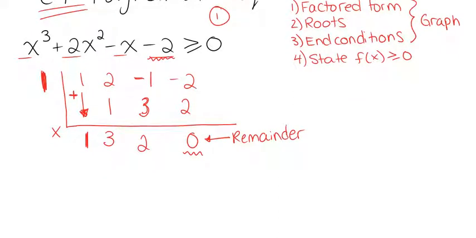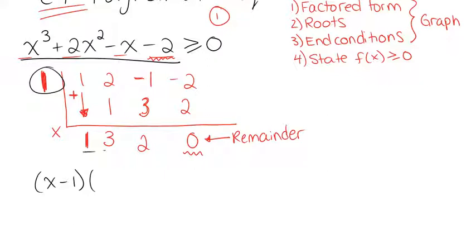So now, this is what I started with, but I factored out this. In a bracket that looks like x minus 1, because positive 1 is the root. The numbers tell us the coefficients in front of the x's. I'm going to have an x squared, because I started with the cubed but factored one out.